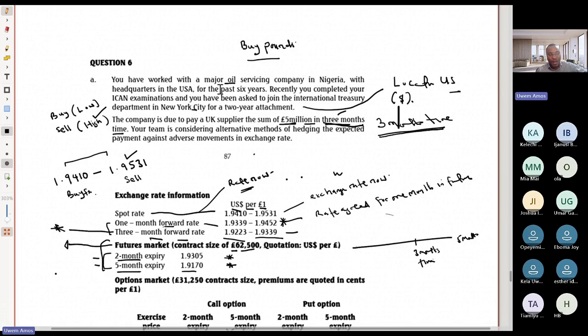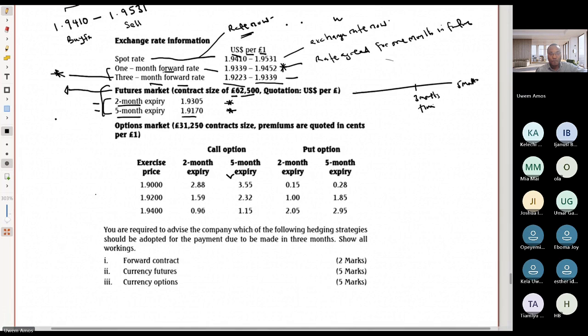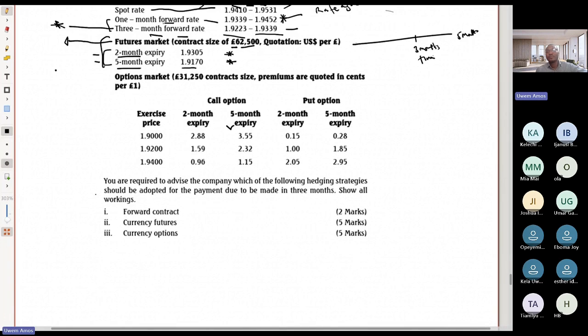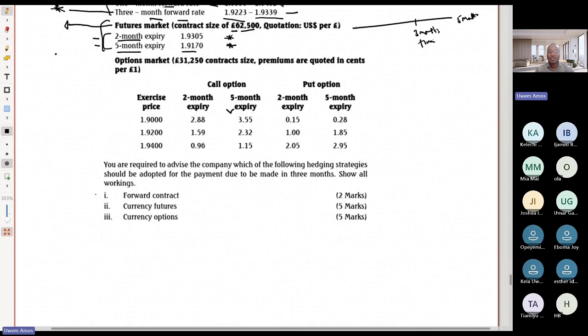So let's go to the option market and see what option is available in the market. Okay, so we have a 2 months and we have a 5 months option. We can't buy the 2 months option because it would have expired before 3 months, which is when we need to do the transaction.